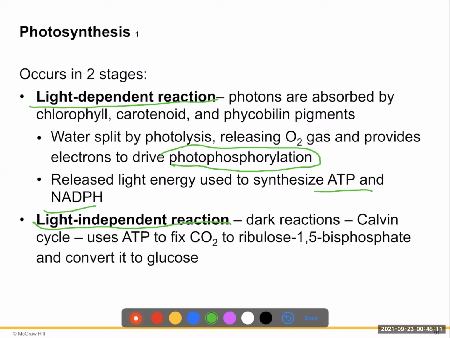Now the dark reaction occurs, which is the Calvin cycle. It uses the ATP produced to fix CO2, to take CO2 and add it together to make a 6-carbon chain. It makes ribulose 1,5-bisphosphate, a 5-carbon compound, and converts that into glucose.